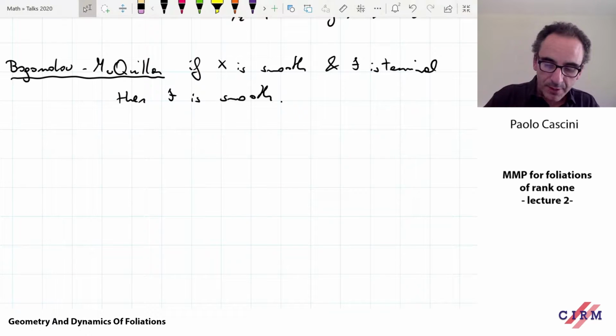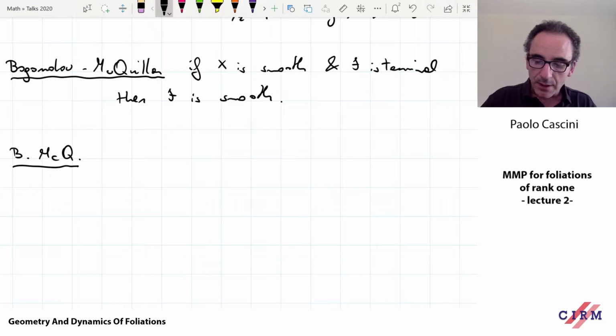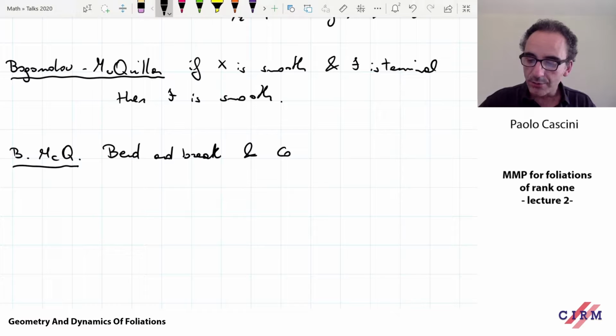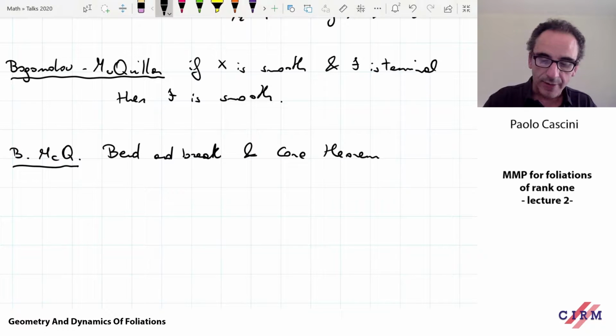And in the same paper, Bogomolov and McQuillan proved that both the bend and break and the cone theorem hold. Actually, in both of these results, I'm not assuming that the dimension n is 3.